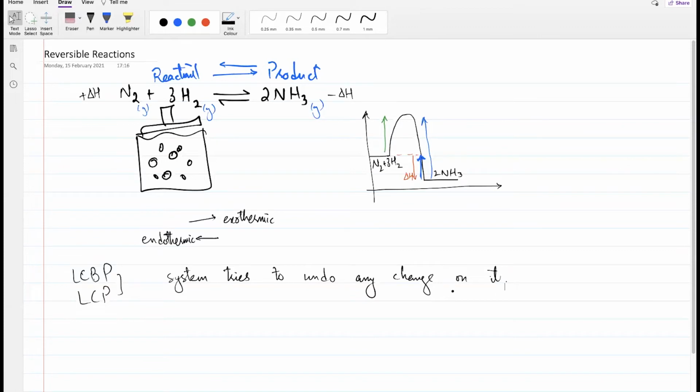But at the heart of it, this is what it is, a simplified version. It's saying that this system that you have, right now the system consists of nitrogen, hydrogen, and ammonia. This system tries to undo any change on it once it has achieved equilibrium.